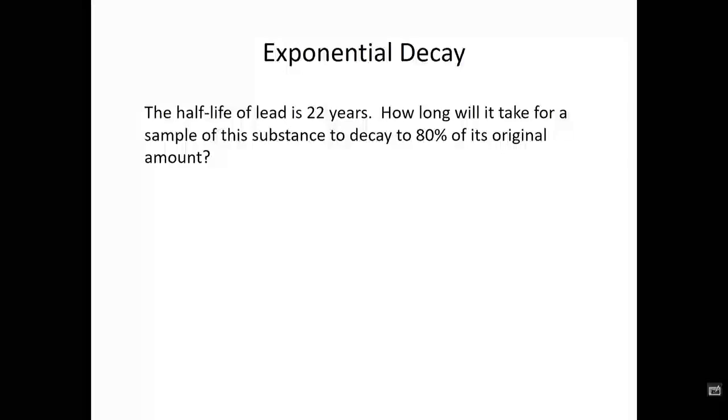So the half-life of lead is 22 years. How long will it take for a sample of this substance to decay to 80% of its original amount? So the first thing we want to do is to find the decay equation.